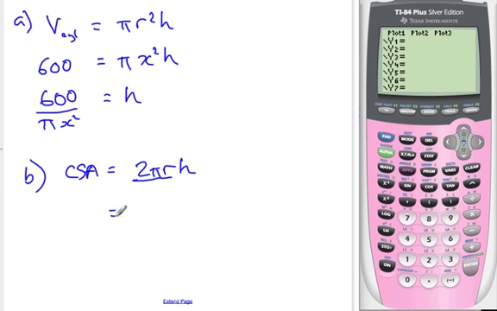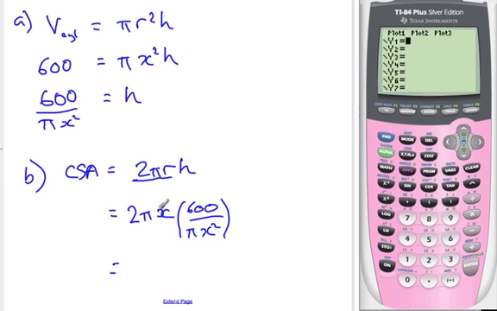So in our case here, what we've got is 2 pi x, and then h we can stick in this expression here, so times 600 over pi x squared. And then it tells me I should simplify this expression.